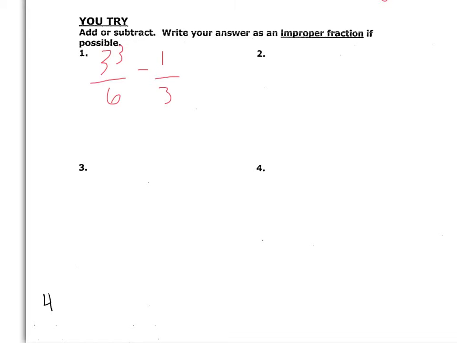So go ahead and type in 33 ABC 6 minus 1 ABC 3, and that will give you 5 1/6, but the instructions say we want it as an improper fraction, so let's go ahead and push second ABC, and that gives us our final answer, which is 31/6.